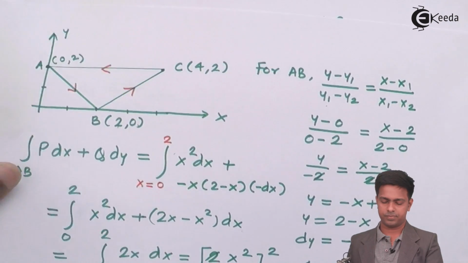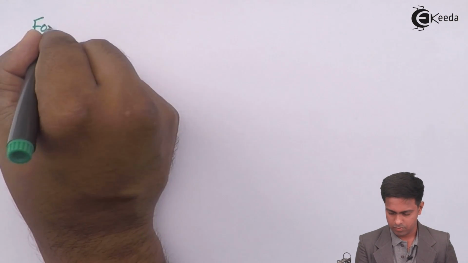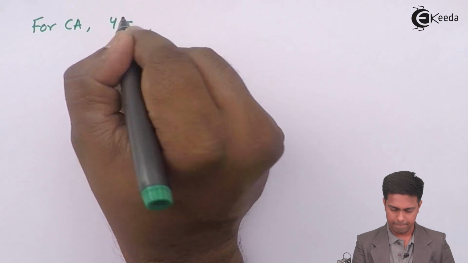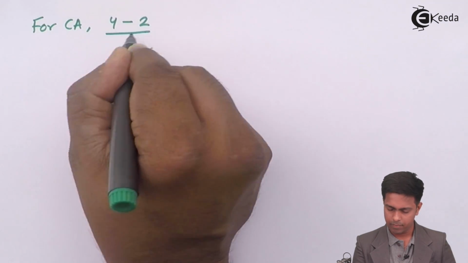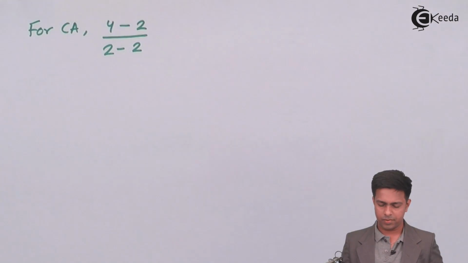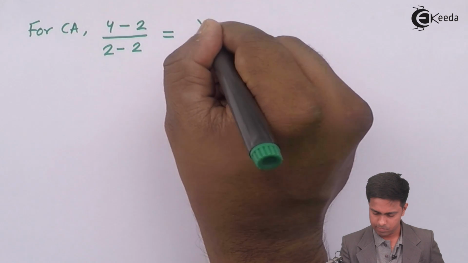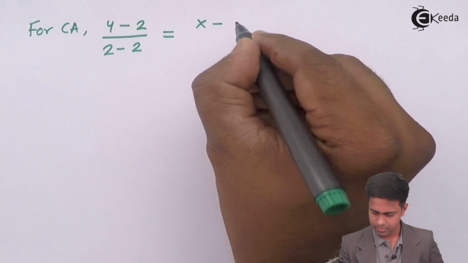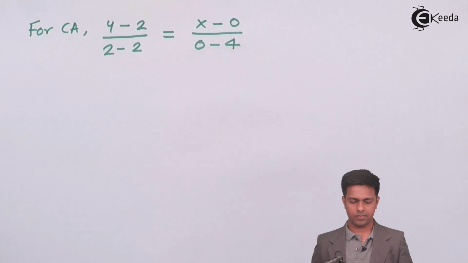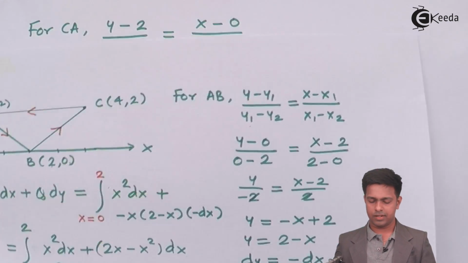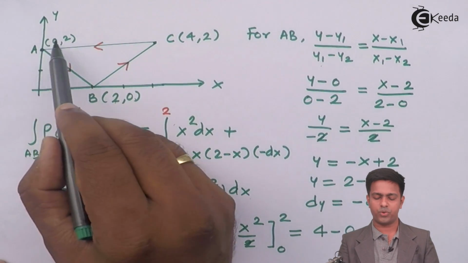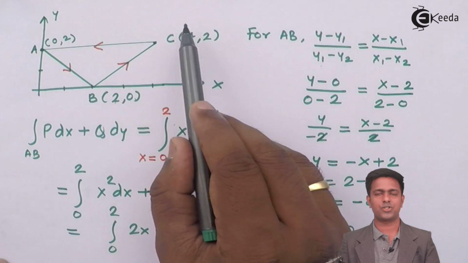So here I've substituted this 0, 2 as x1, y1 and this as x2, y2.